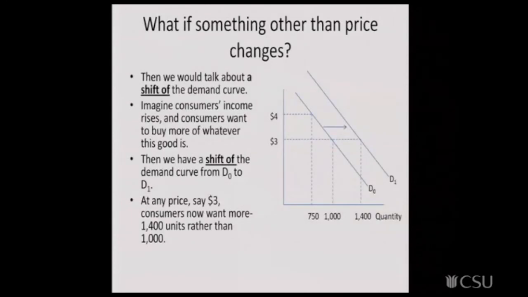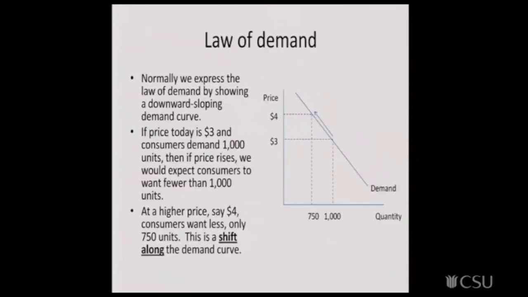Could be to the right, meaning at the same price people buy more, or it could be to the left, meaning at the same price, $3, people might buy less, depending upon the context. And so this one we call a shift of, and this one we call a shift along. Right? So as long as you keep those in your head, you won't make a mistake here.